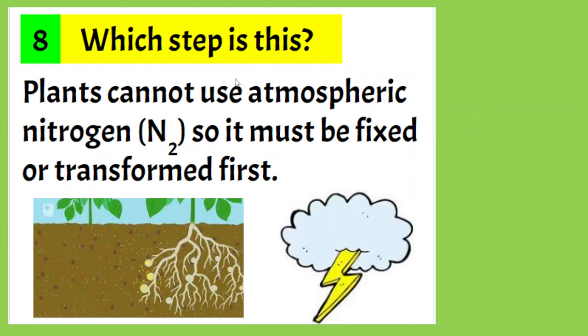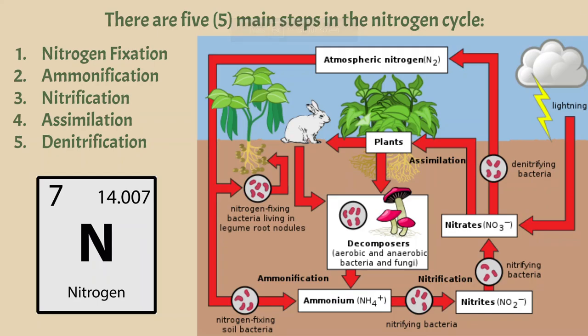Okay, which step is this? So in this case, you want to remember that we have 5 basic steps of our whole nitrogen cycle. So these are the 5 main steps in the nitrogen cycle. The steps are nitrogen fixation, ammonification, that means we're turning things into ammonia or ammonium.